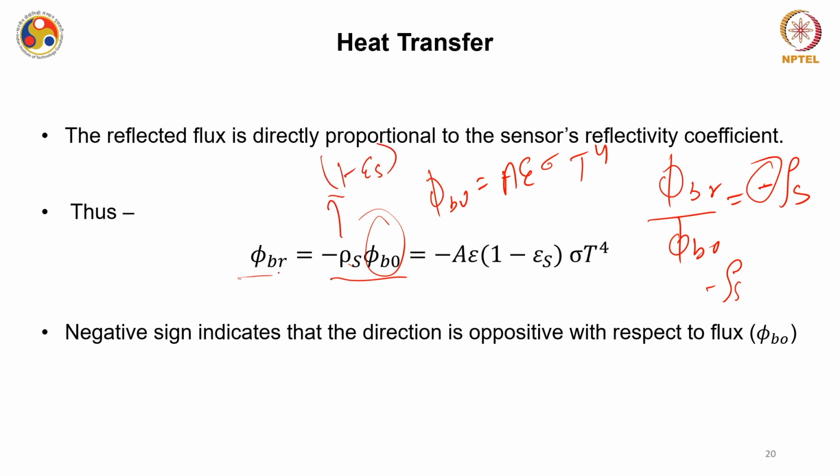So this phi b r will be equal to minus a epsilon into 1 minus epsilon s into sigma T to the power 4, where epsilon is the emissivity of the object and epsilon s is the emissivity of the sensor surface.